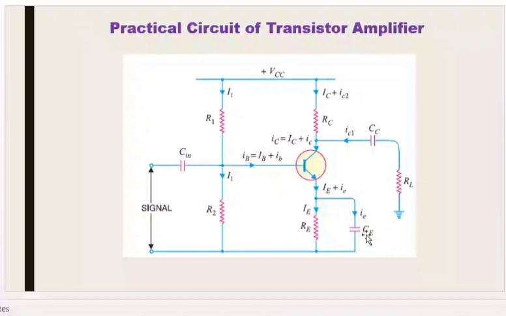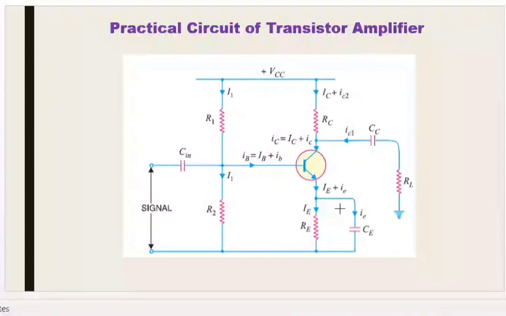Then the fourth one, that is the coupling capacitor, CC. Its value is also about 10 microfarad, equivalent to C in. Its work is to couple the amplification from one stage to the next stage. If this capacitor is not connected, what will happen in this circuit?